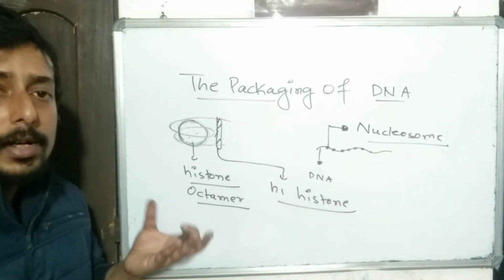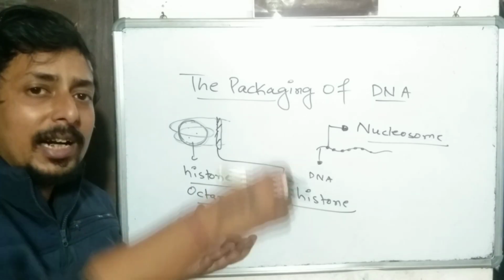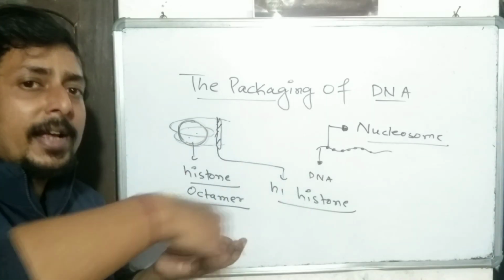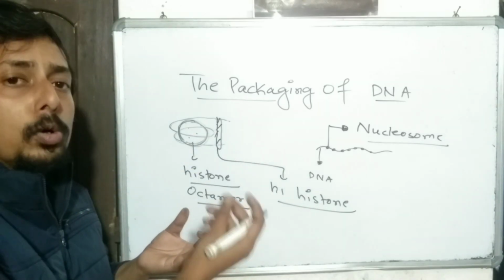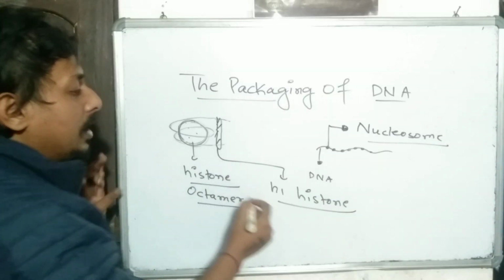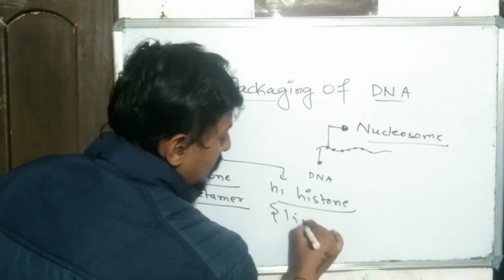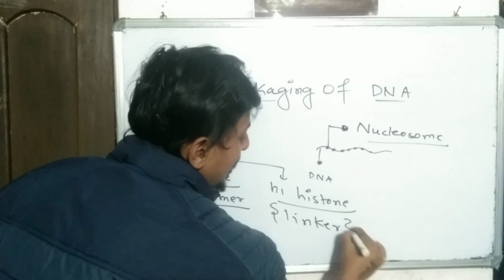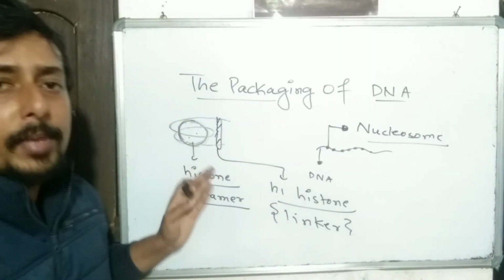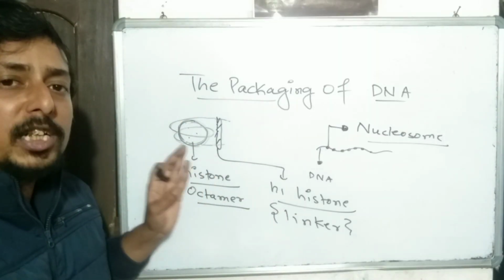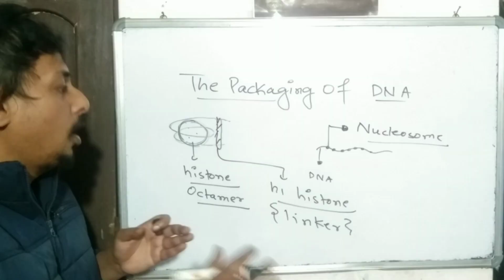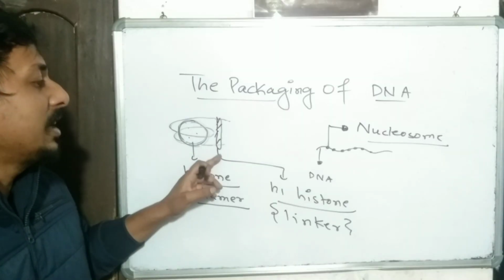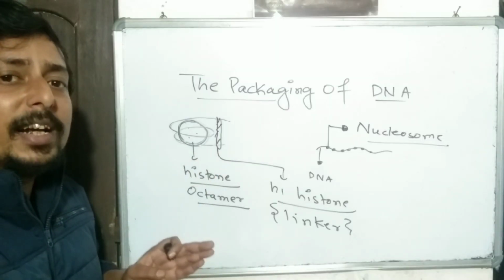Number one is the protein itself, where the DNA is spiraling, wrapping around the protein, and number two is the linker histone, the one that locks this wrapping. This wrapping must be compacted and must remain in this form. So this H1 histone is called the linker histone.